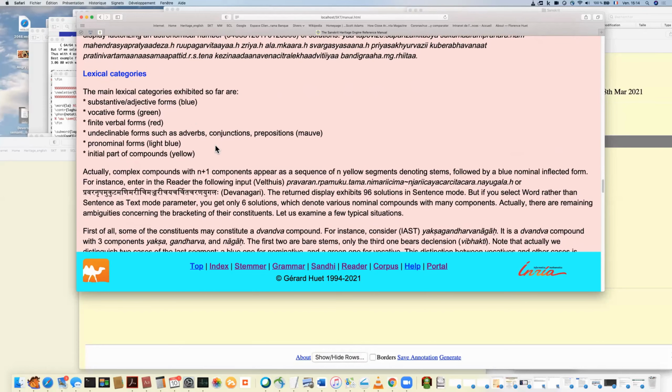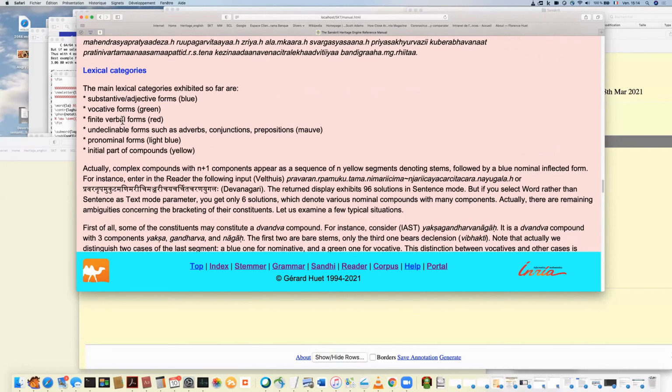Correct. Sambodhana are distinguished from the standard subantas because they don't play any direct role in the sentence. It's like a theater indication. It's an address. So this is not part of the sentence. And I want to distinguish them carefully because you have some ambiguities with compounding somehow. So they are green. The tinantas are the finite verbal forms and they are red.